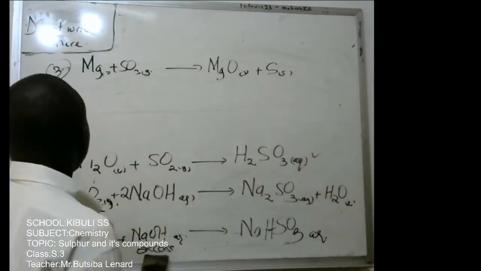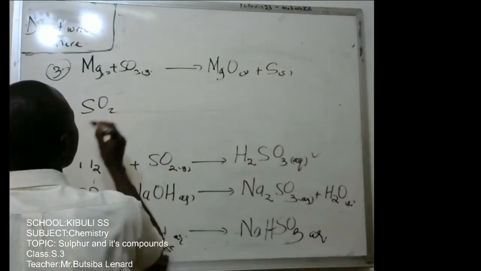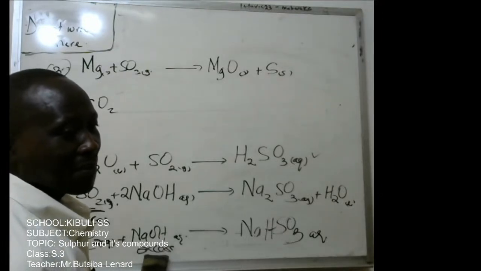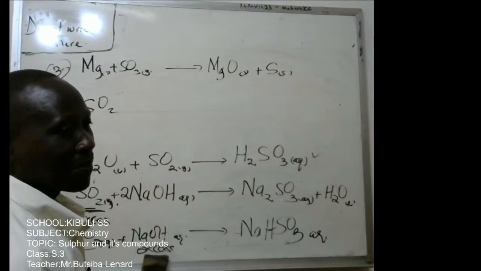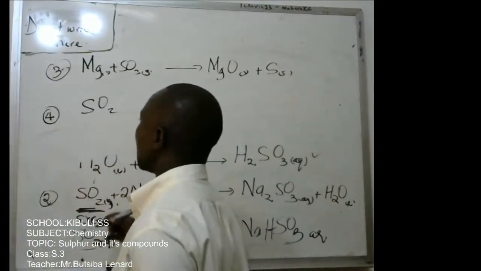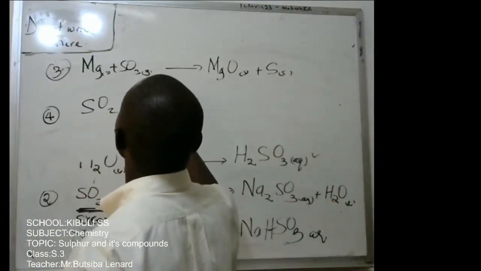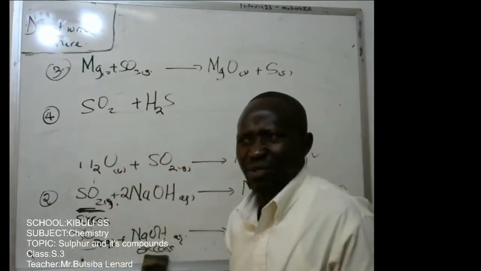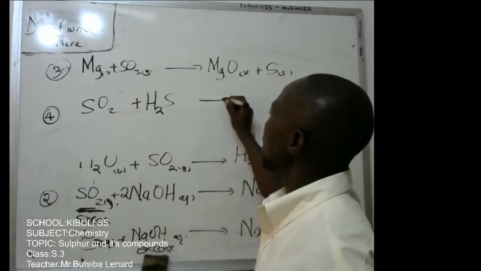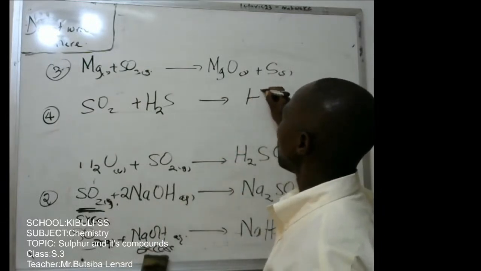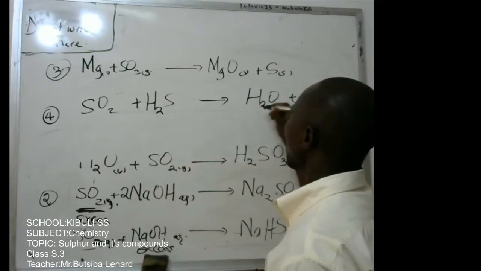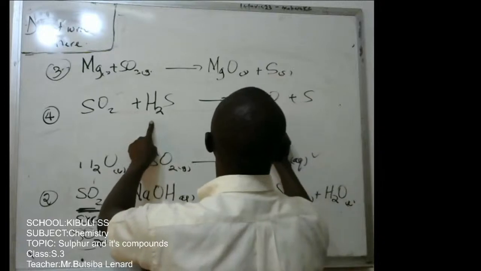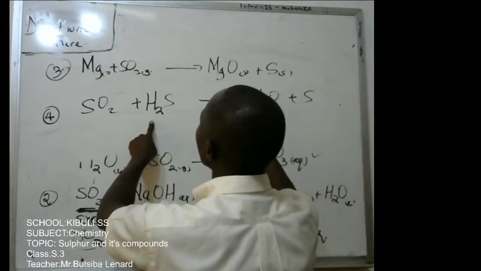I've given 3. Any other possible reaction for sulfur dioxide? Reaction with hydrogen sulfide. Now these are possible reactions that are a little bit rare. So what do you expect here? Expect formation of water and deposition of sulfur. And how many moles of this? Hydrogens are 2, oxygen is 1. I'm putting a 2 here.